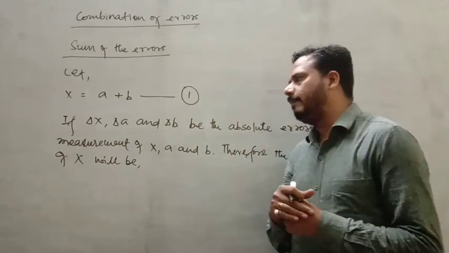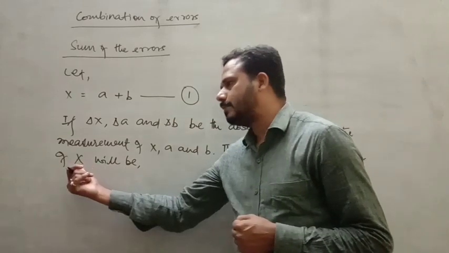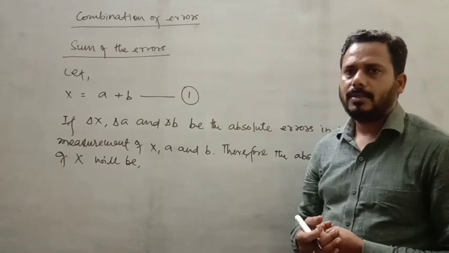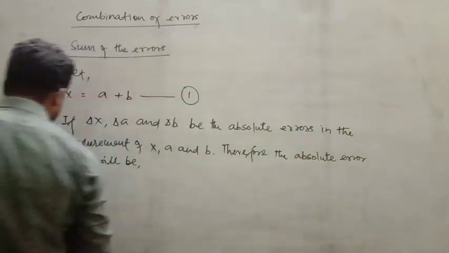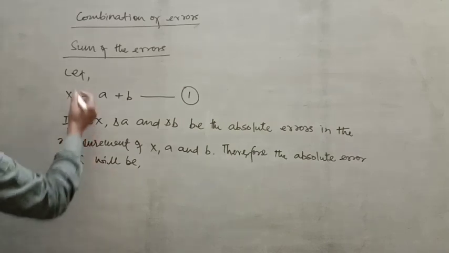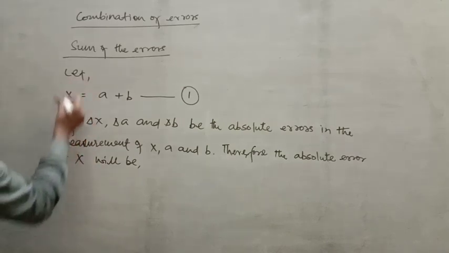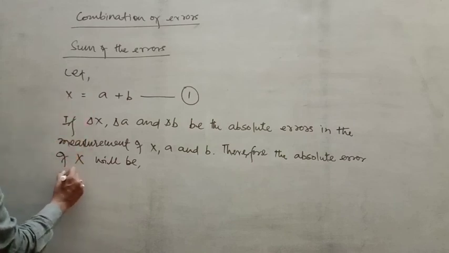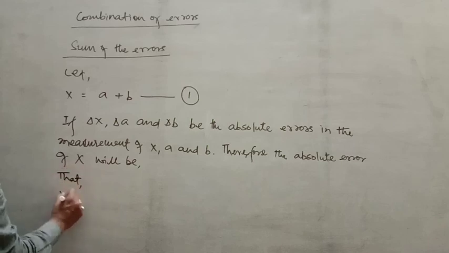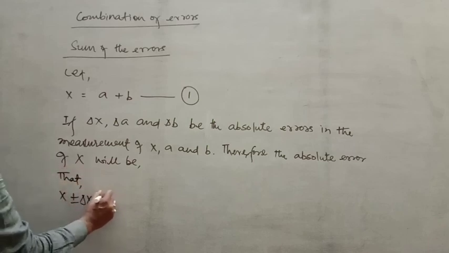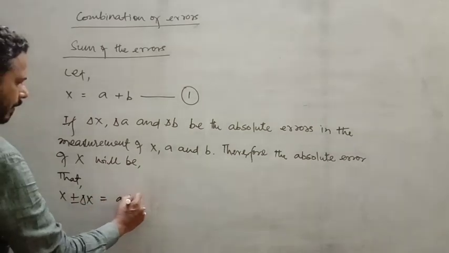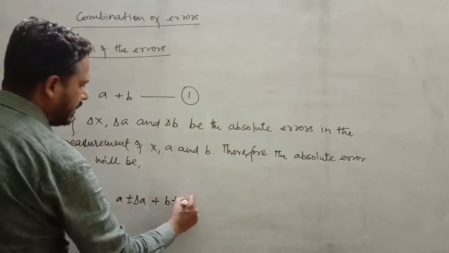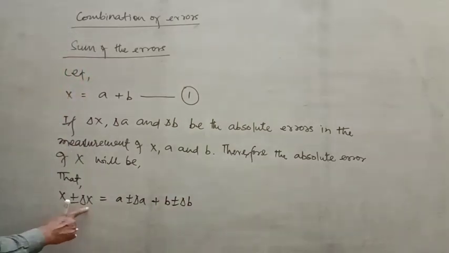Alright, so if once you find the absolute error of x, that means you got your sum of the errors. Okay, then from here you can see that x can be written as, from equation 1, that x plus minus delta x is equal to A plus minus delta A plus B plus minus delta B. Why we have written this one like that?